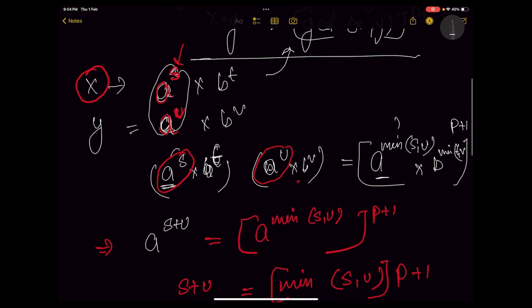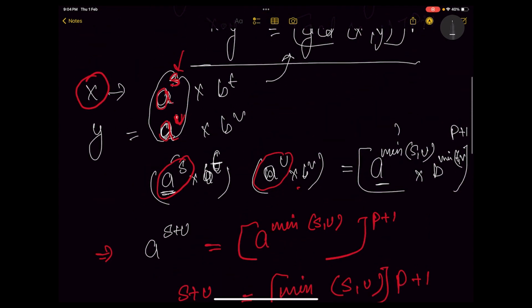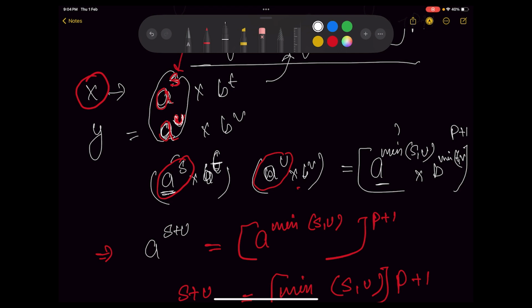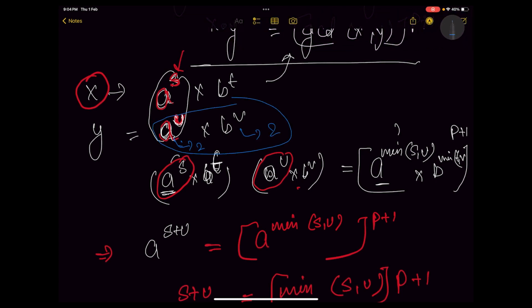Now, for filling u, let's say you have two values, and for filling v you have two values. Then how many total ways are there to represent y? Let's say to fill u, you can fill it with 1 or 2.